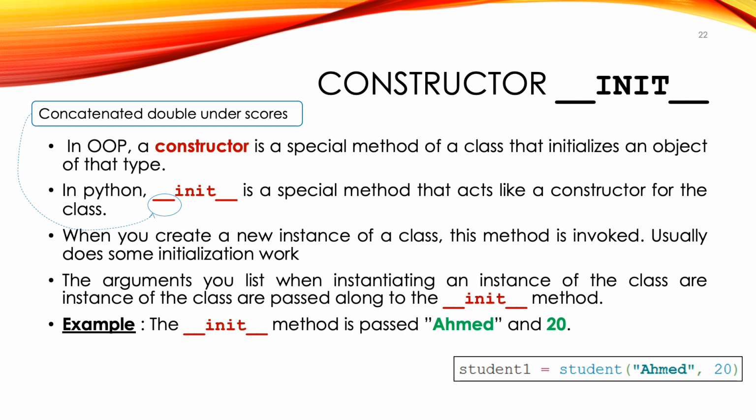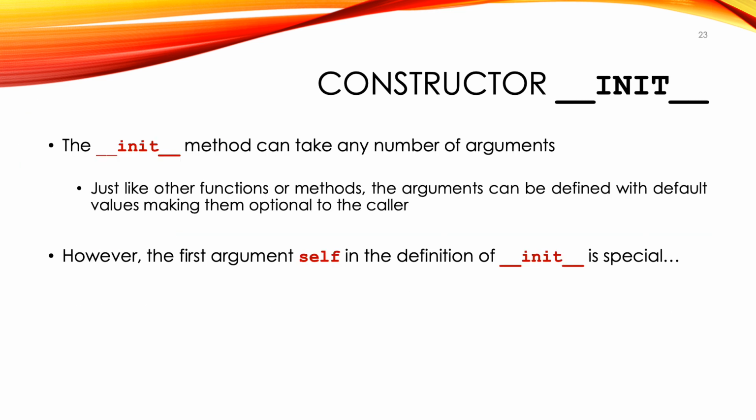It's called a constructor because it constructs an object with the attributes values given to it. The init method can take any number of arguments, and just like other functions, the arguments can be defined with default values, making them optional to the caller.